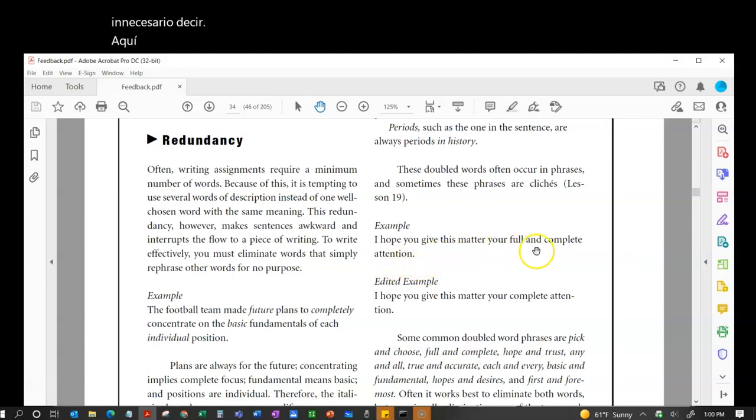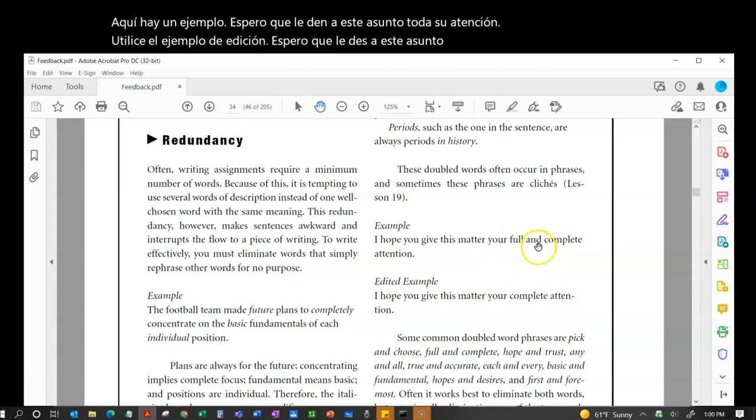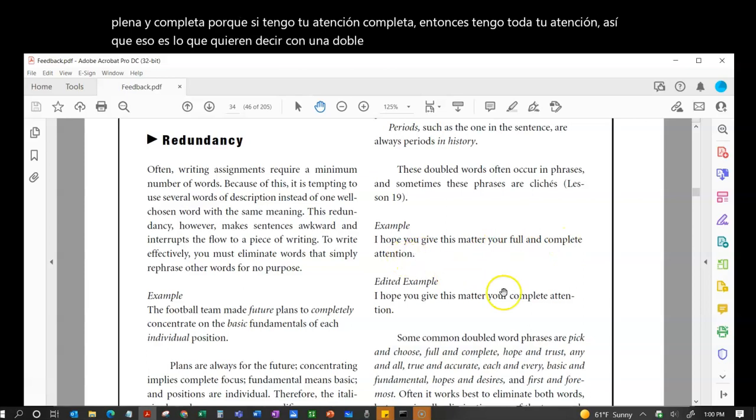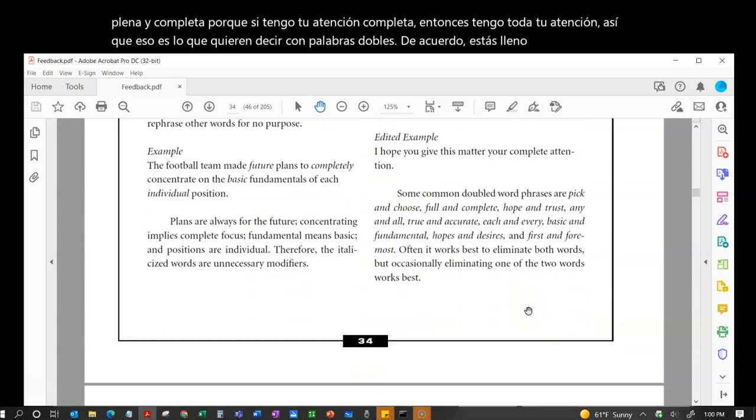I hope you give this matter your full and complete attention. Here's the edited example. I hope you give this matter your complete attention. You don't need full and complete, because if I have your complete attention, then I have your full attention. So that's what they mean by double words, okay? Your full and complete, okay? Let's continue.